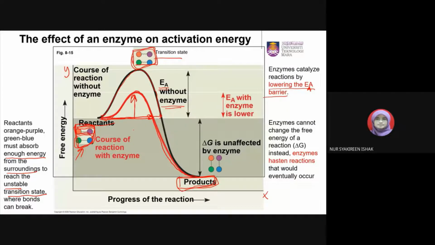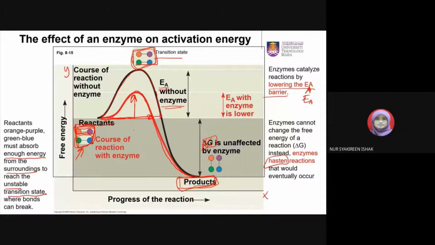Every time you write the A, it must be a smaller letter, so the smaller letter gives Ea, like that. So the enzyme cannot change the free energy of the reaction. The free energy, delta G, will be maintained. Instead, the function of having the enzyme is to hasten, to speed up, the rate of a reaction that would eventually occur. Alright.